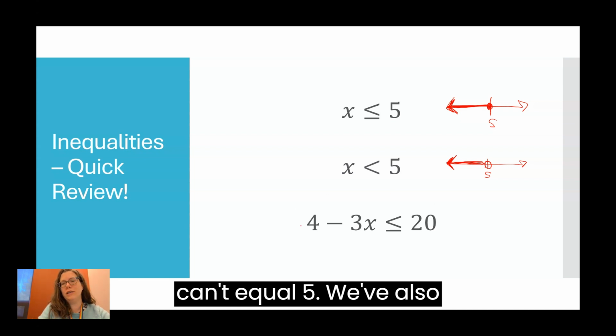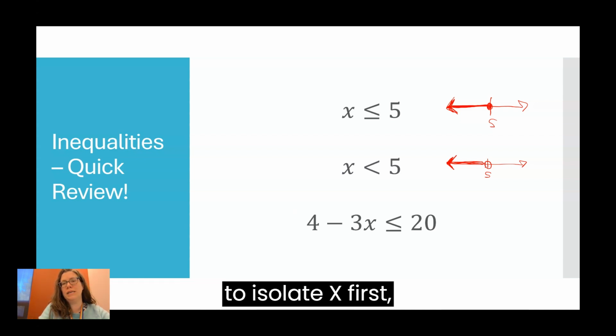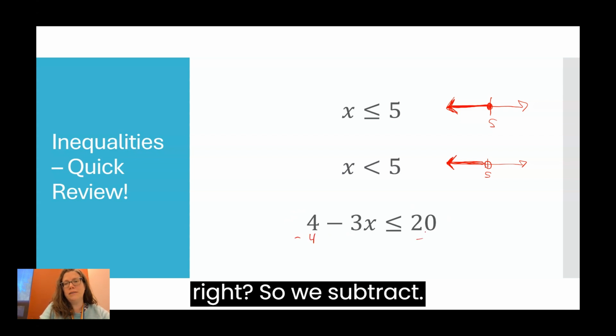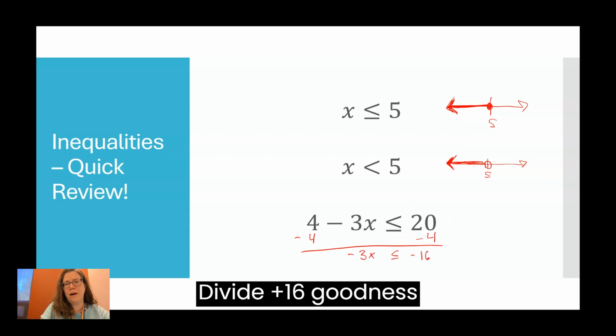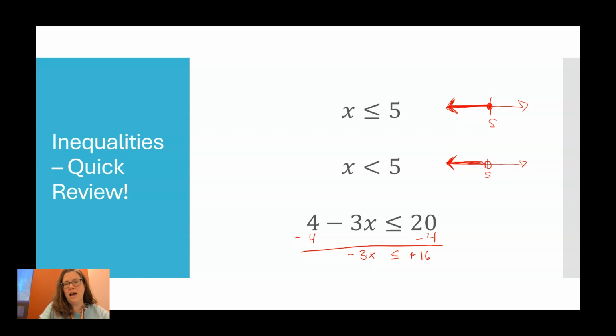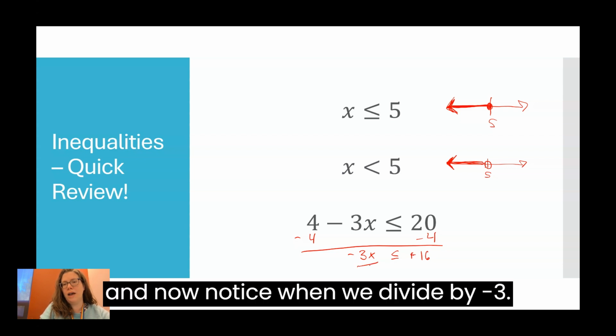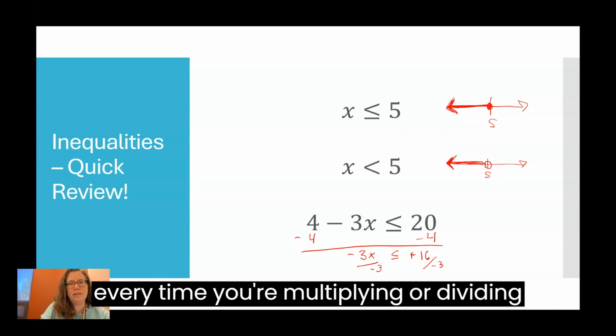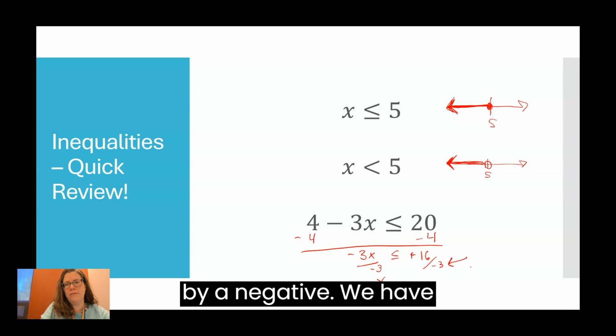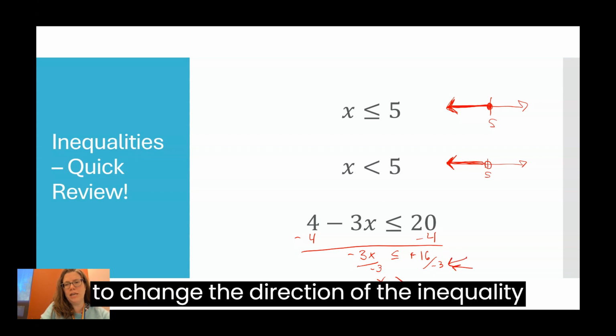We've also seen inequalities like this where we need to isolate x first, right? So we subtract and divide. Positive 16, goodness. And now notice when we divide by -3, don't forget what happens every time you're multiplying or dividing by a negative. We have to change the direction of the inequality.